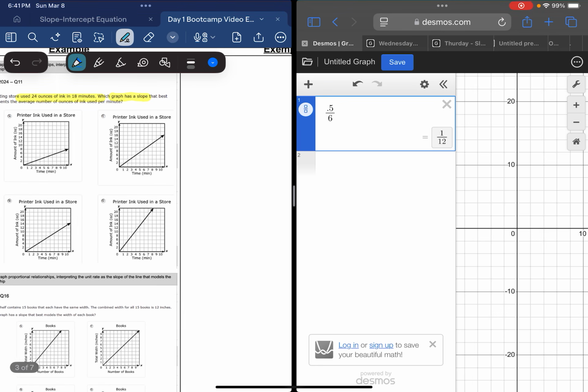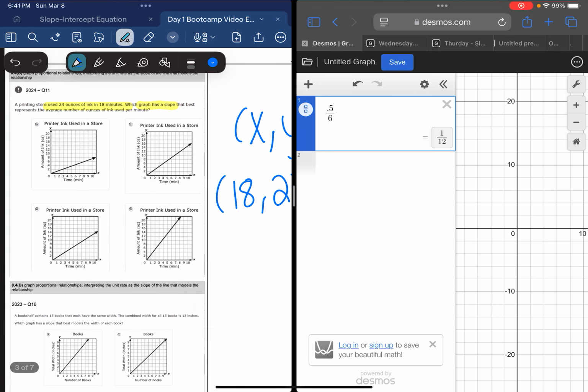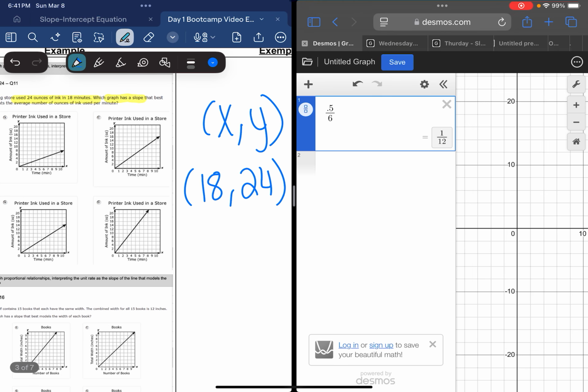Step 1 again is to figure out which of these two numbers is my x value and which is my y value. This again is easy. Time is always x, so that's going to give me 18, comma 24.